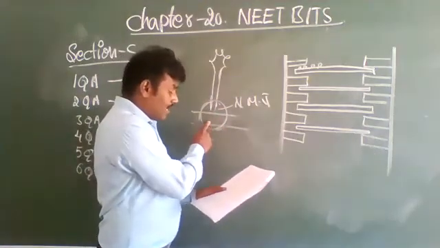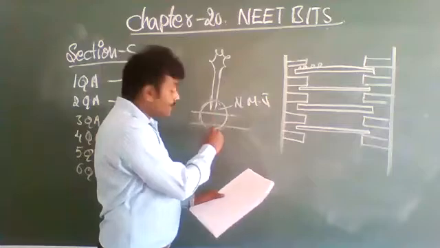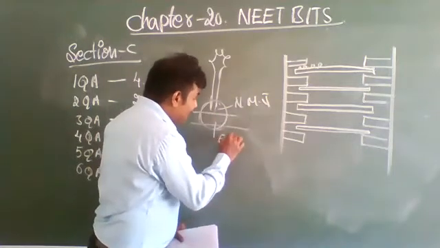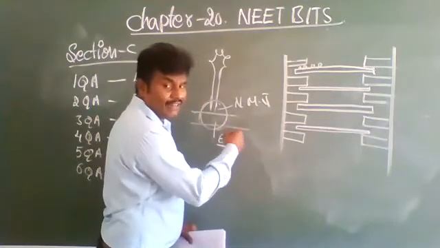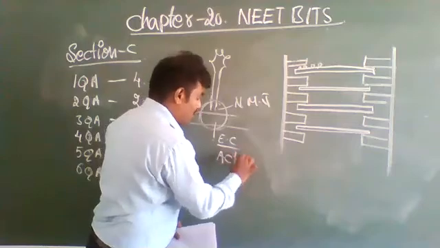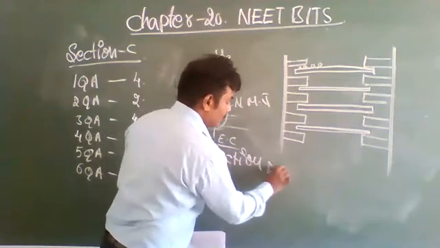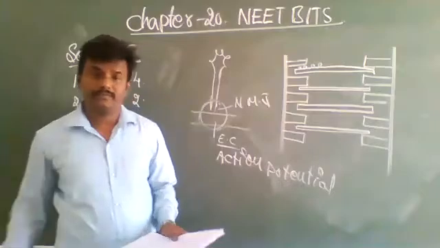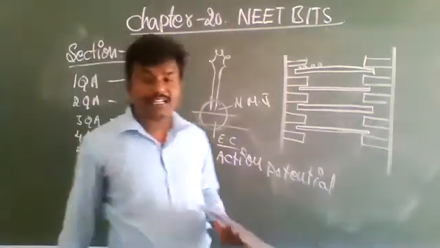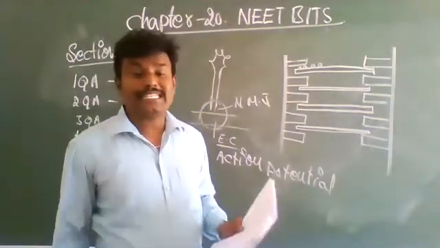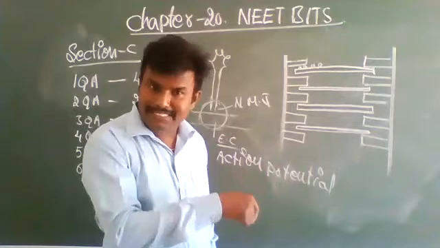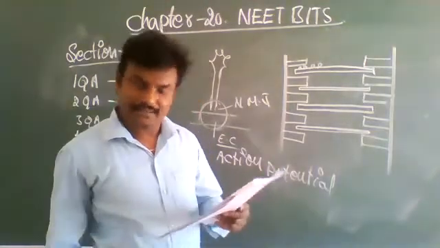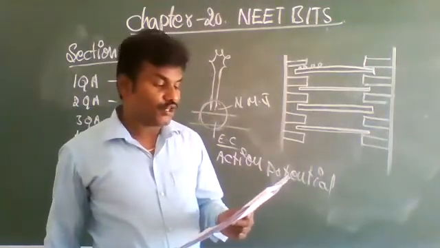When stimulation occurs here, electrical current is released. This releasing of electrical current is called action potential. As a result of action potentials in the muscle, calcium ions are released.